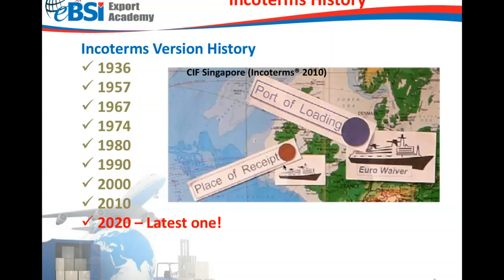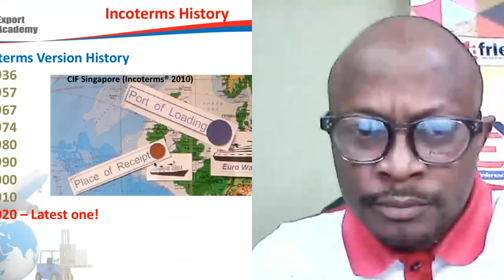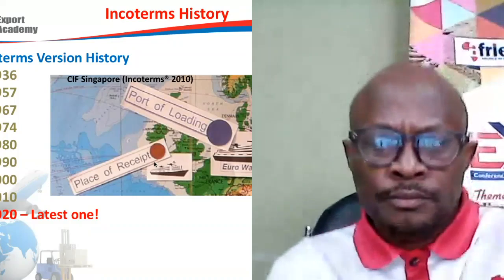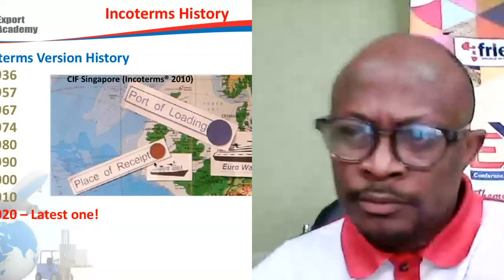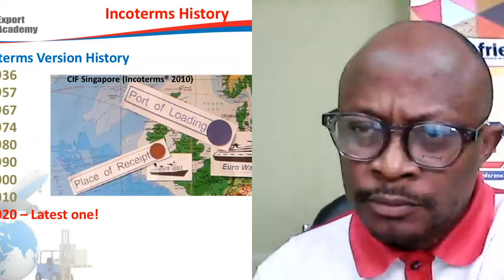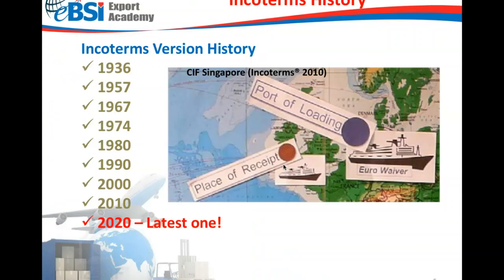Up until recently, we were working with the 2010 rules, and these rules have been, as you'll see, slightly revised and slightly changed for 2020 in order to reflect more accurately the practice as is happening now in the market.